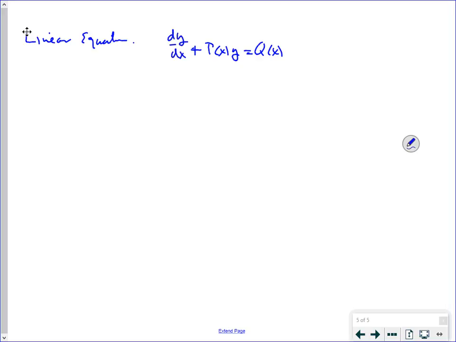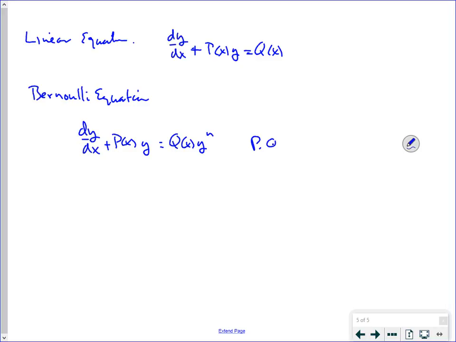So a Bernoulli equation is a version of that. dy/dx plus p of x times y equals some function of x times y to a power n. Here p and q are continuous functions of x, and n is a real number.